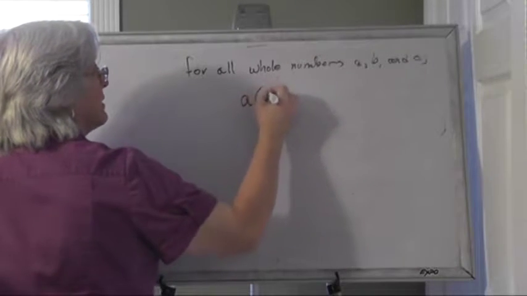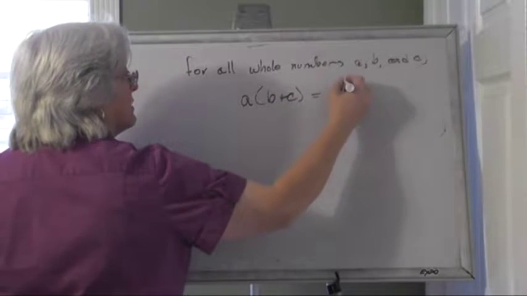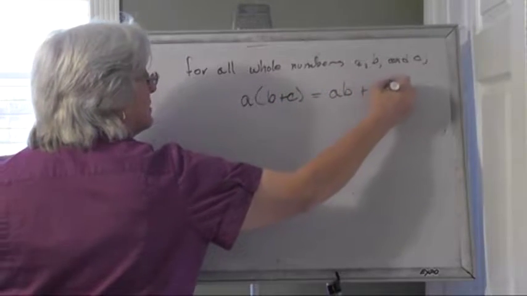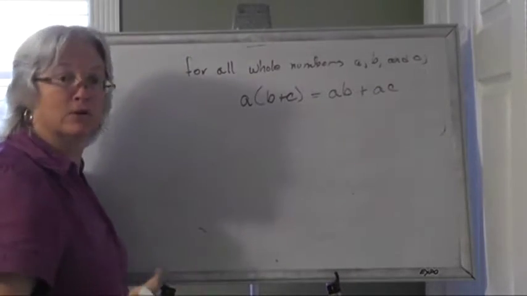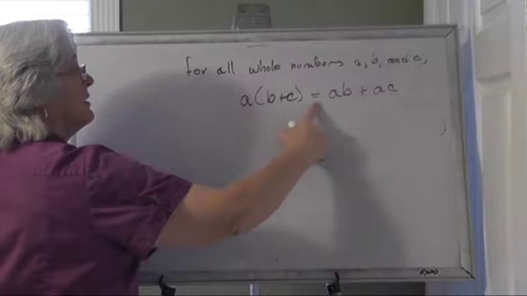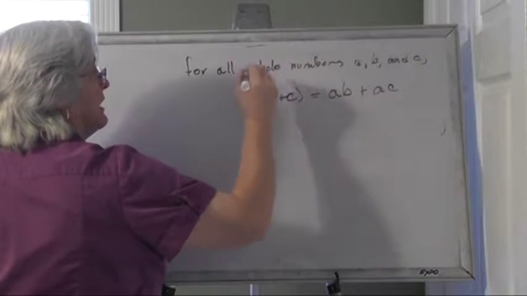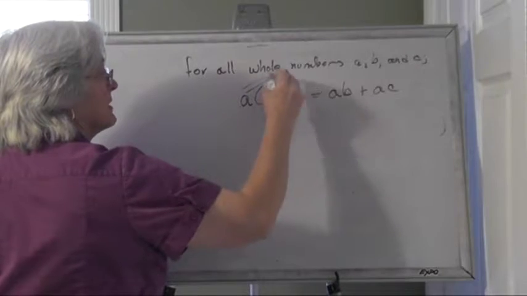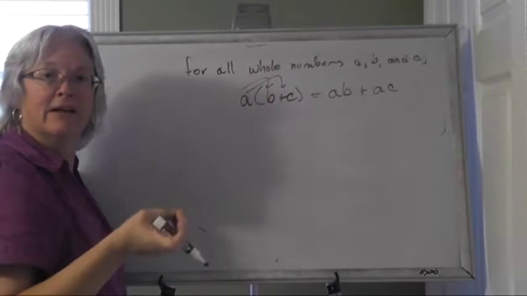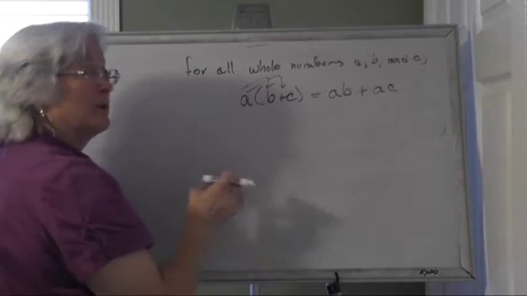A times the quantity B plus C is equal to A times B plus A times C. Now notice how I read this. A times the quantity B plus C is equal to A times B plus A times C. This is essential that you are able to work with the distributive property.